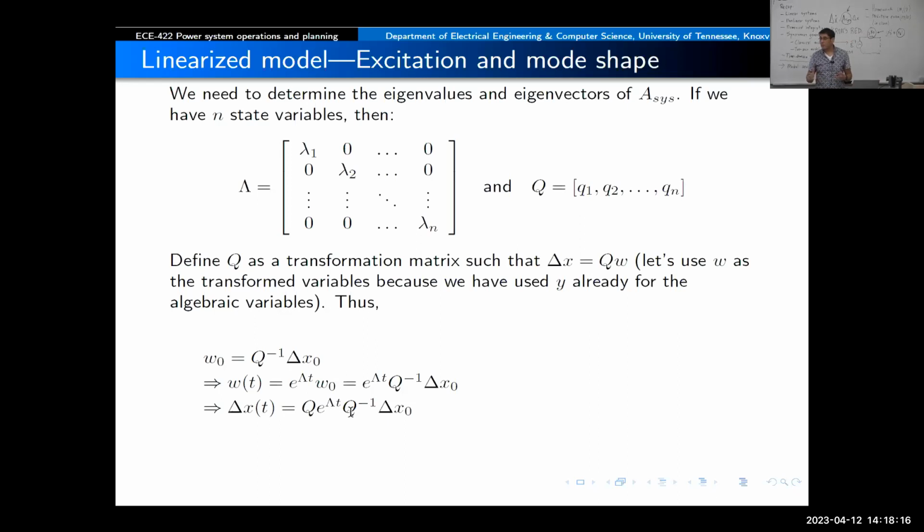And David said that matrix is diagonal. So what is the meaning of each of the components of this Q inverse delta x 0? Because it's a vector. How many terms will that vector have?